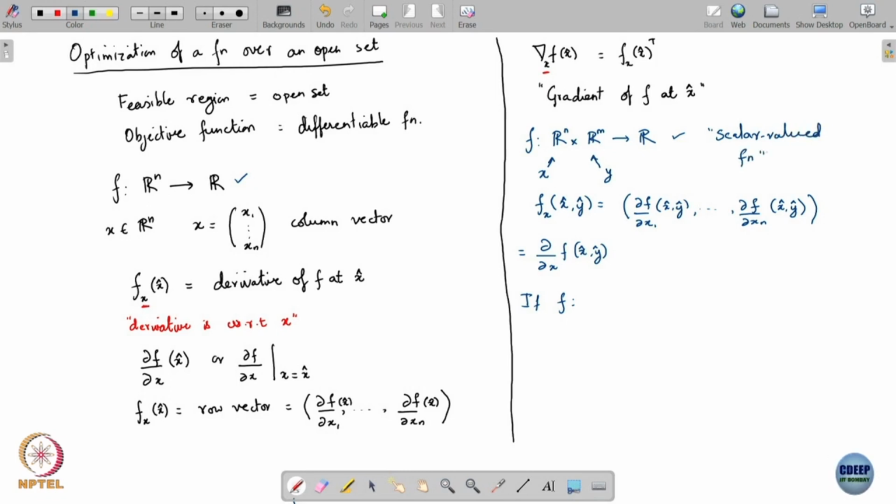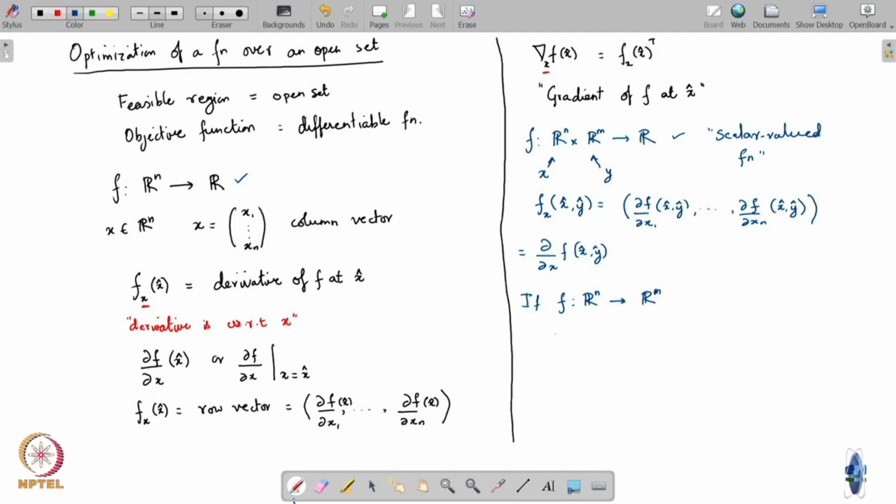If f is a vector valued function, say f is a function from Rn to some Rm, then we will think of every point in the image of f as itself a column vector.